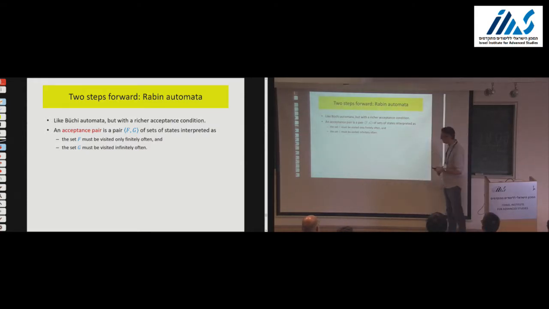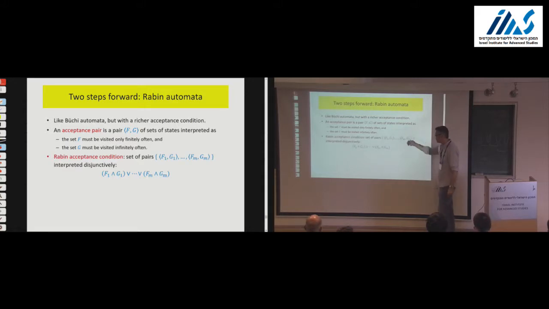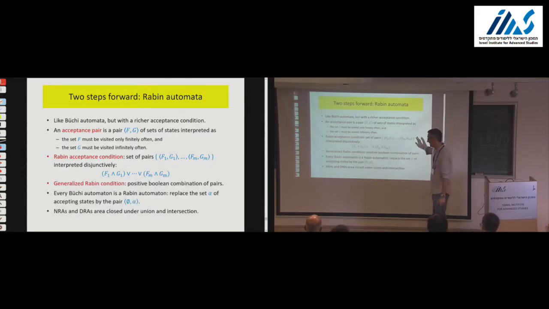The original Rabin condition is a little bit more restrictive. It is actually a disjunction of things of this shape, but don't worry too much about that. So it's this generalized Rabin condition. Of course, every Büchi automaton is a Rabin automaton, because you can always say, and visit the empty set only finitely often. That's always going to be the case.